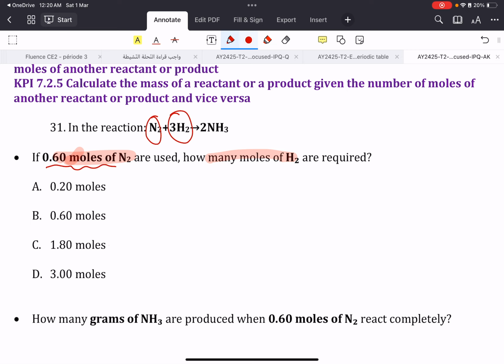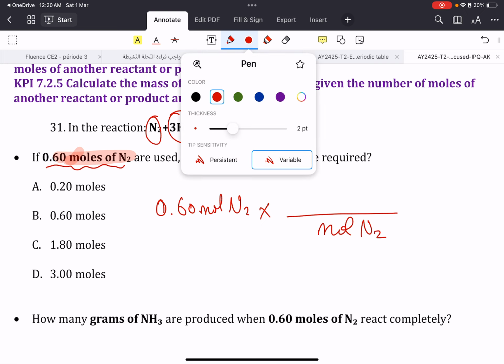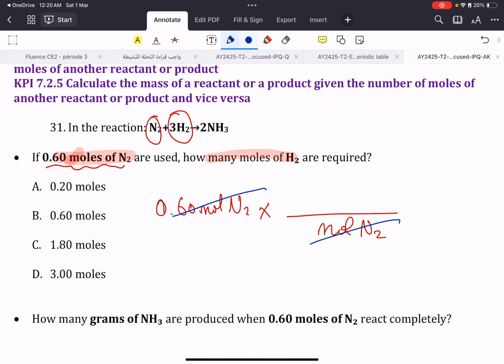We start using the given 0.60 mole N2 times. Always the second step, when you take the given, you immediately multiply it by the mole ratio. And in the denominator, you write mole of N2 so that you can cancel N2 on both sides, and up you write the mole of what you desired. And then you get the mole ratio from the equation.